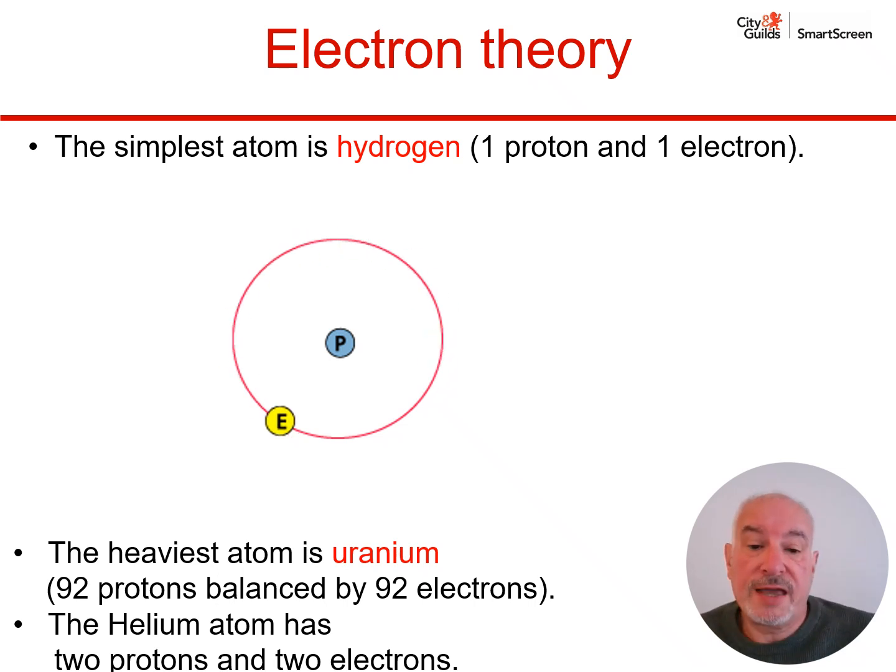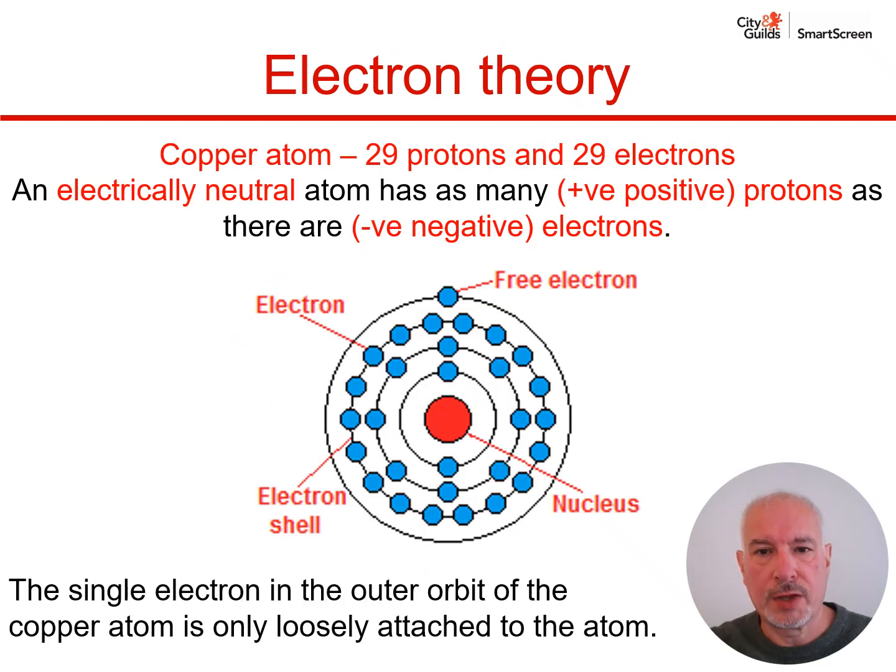So that's the hydrogen atom, one proton and one electron. By contrast, the heaviest atom is uranium. A uranium atom has 92 protons and 92 electrons. One other example there is the helium atom, and that has 2 protons and 2 electrons. Now, we're not going to consider most of the elements, but the one that we are particularly interested in is copper.